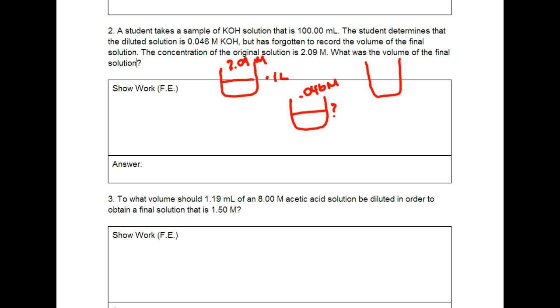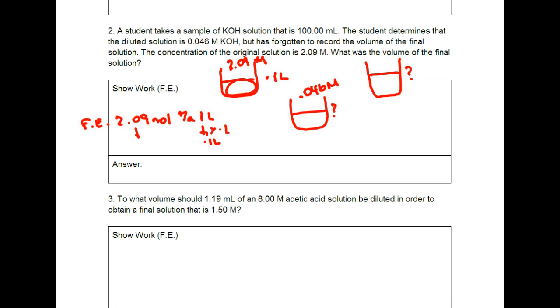So they didn't tell us how much water was used, and they're trying to ask how much of this final solution we have. Once again, if we know the molarity, that it's 2.09, that means that there is 2.09 moles per 1 liter. We don't have 1 liter, however, we have 0.1 liter.